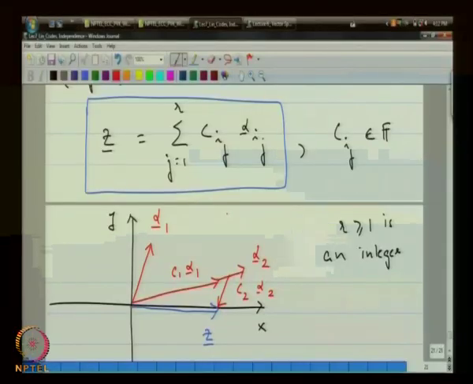Okay, so, this is what spanning means. This C2 in this particular case would be negative because you are going in the opposite direction, and the fact that these lines are parallel means that you are scaling the same vector. So, this is the idea of spanning, that you can derive other vectors by starting out from these vectors.